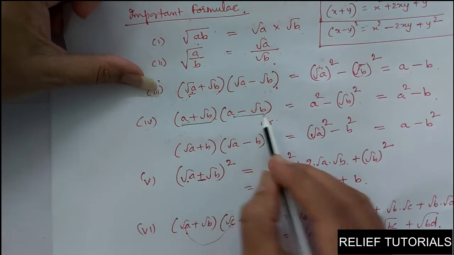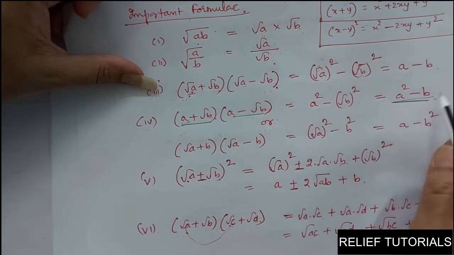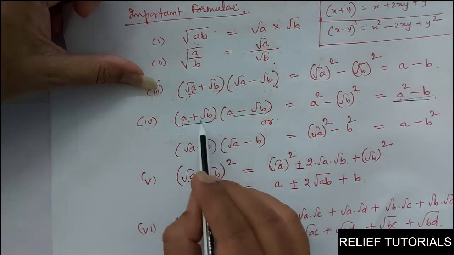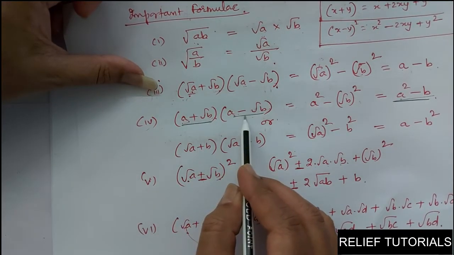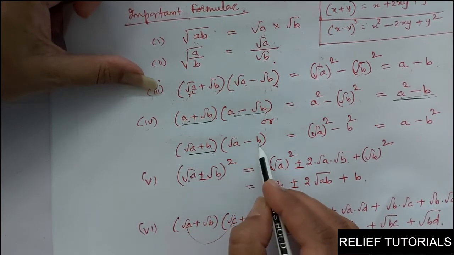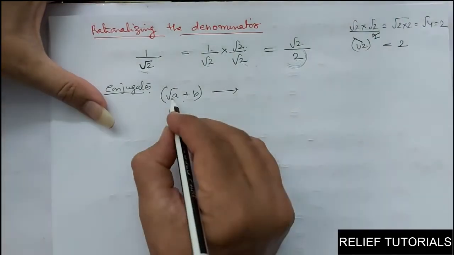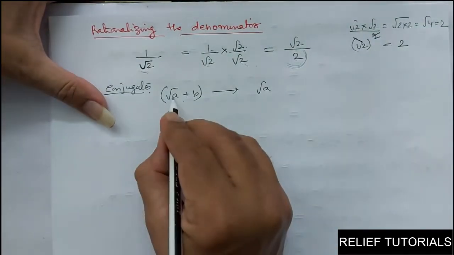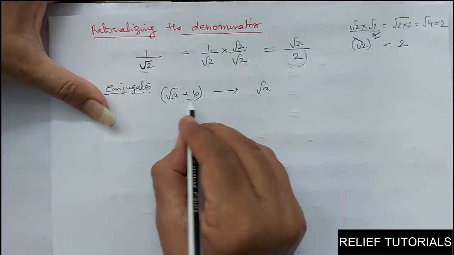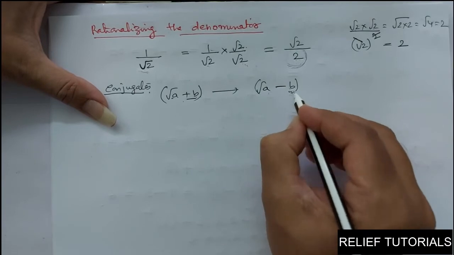When you multiply these two, you will get a square minus root b square, so this root will get cancelled. Now there is no root. So in order to eradicate the root of any expression, you have to multiply it with its conjugate. Now the conjugate of root a plus b is root a minus b. The first term will be the same and change the sign of the second term. The second term is plus b, so you will write minus b. So this is called the conjugate of this term.